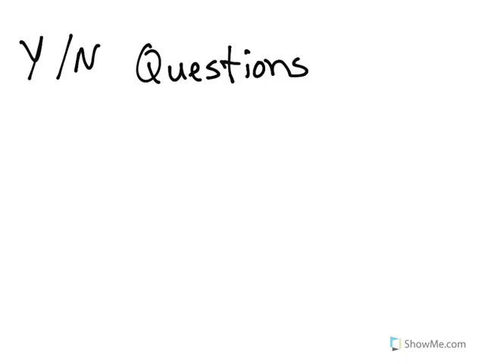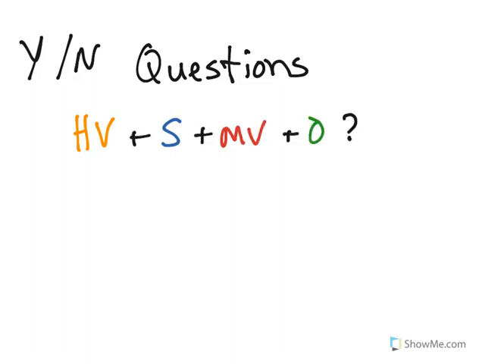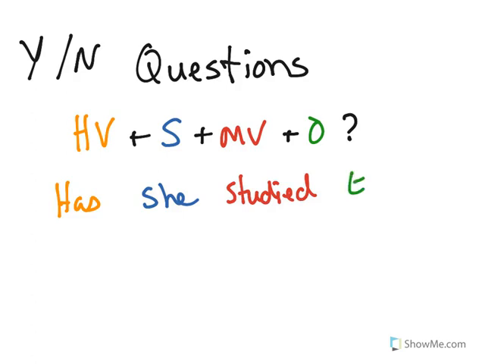For yes or no questions, our formula again is very much the same. Subject, helping verb, subject, then the main verb form, and then the object. So I might get something like this. Has she studied English?